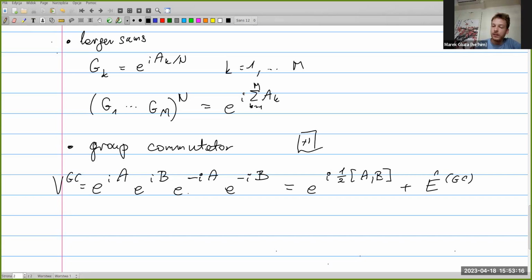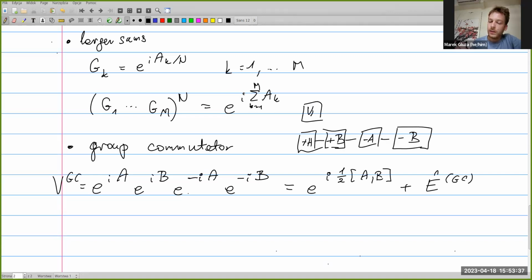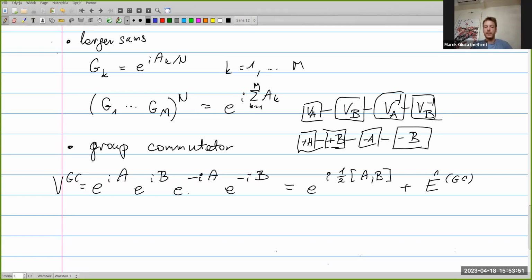I have plus A, plus B, minus A, and then minus B. Okay, so I'm talking about the generators A, B, minus A, minus B, but I could also call this V_A, V_B, and then V_A dagger, V_B dagger, if I want, with the boxes indicating unitary operations on the qubits. Okay. So this is the concatenation here.